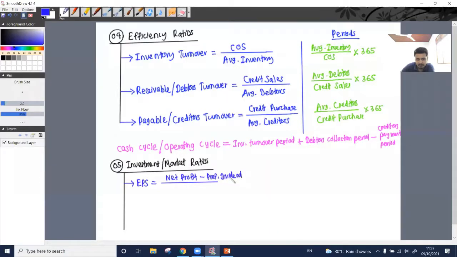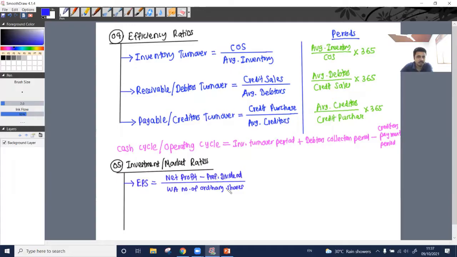Net profit minus preference dividend, right? Divided by weighted average number of ordinary shares.